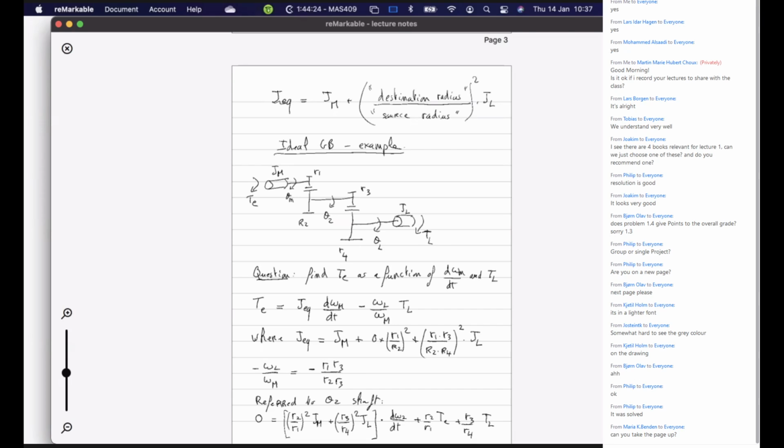And now if you consider that omega 2 is the same as omega 1 times R2 divided by R1, then we will come back to exactly the same formula as we had before.